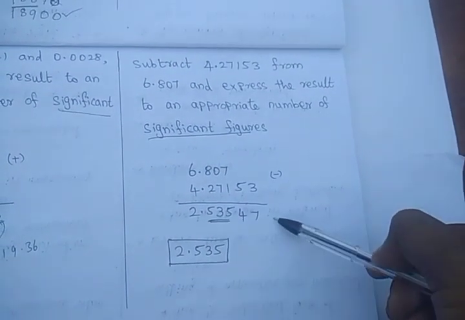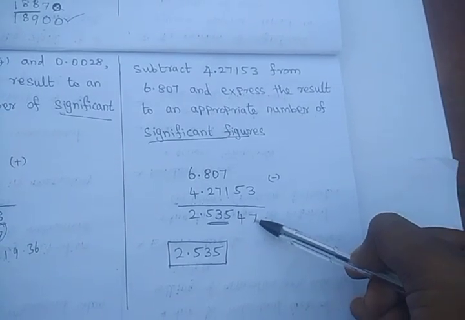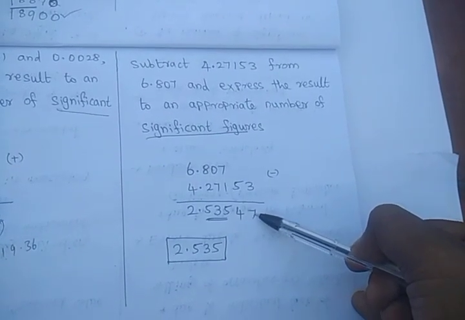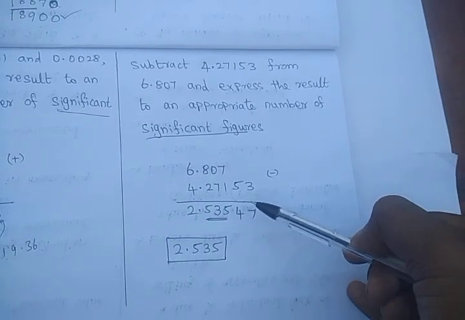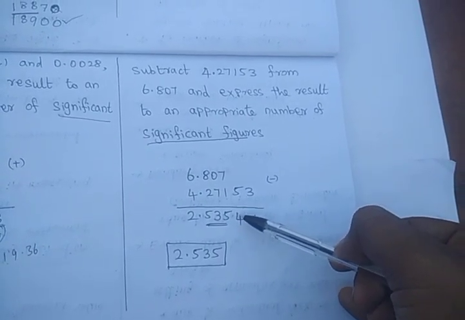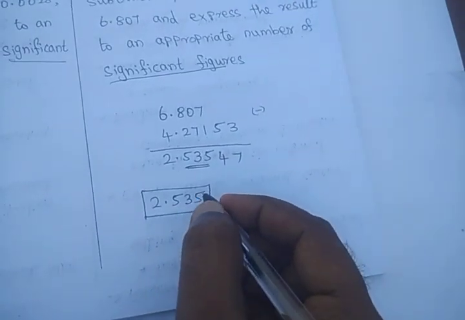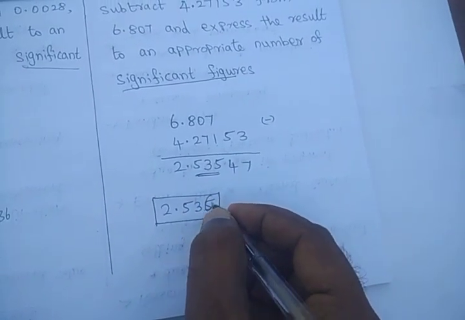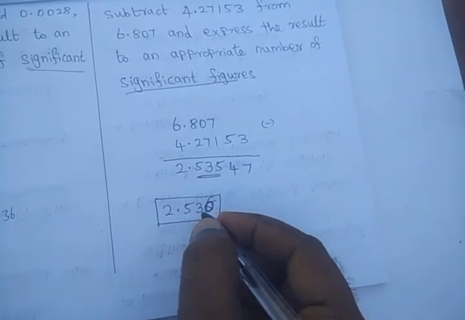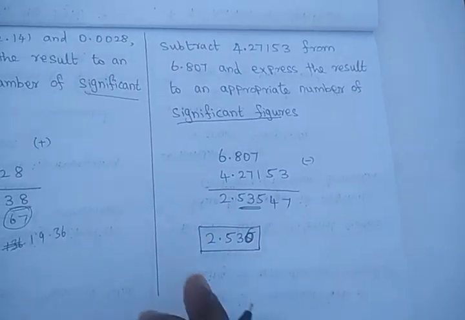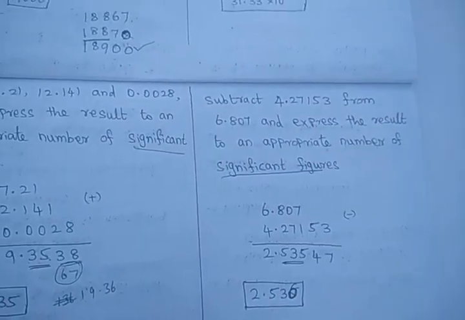After subtracting, the next digit is 7, which is greater than 5. So we have to increase one number here. The value is 2.536. So likewise we have to do the problems very clearly.